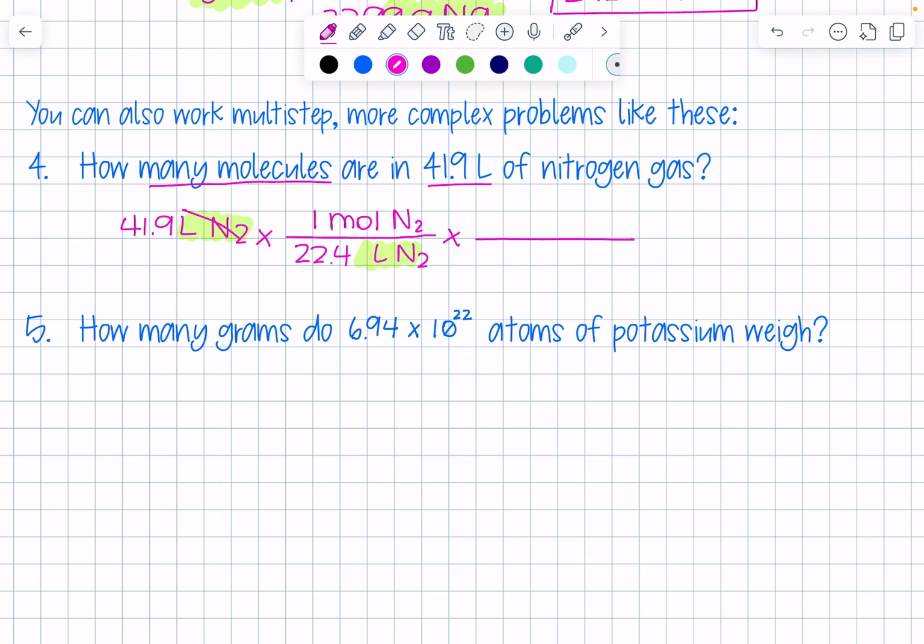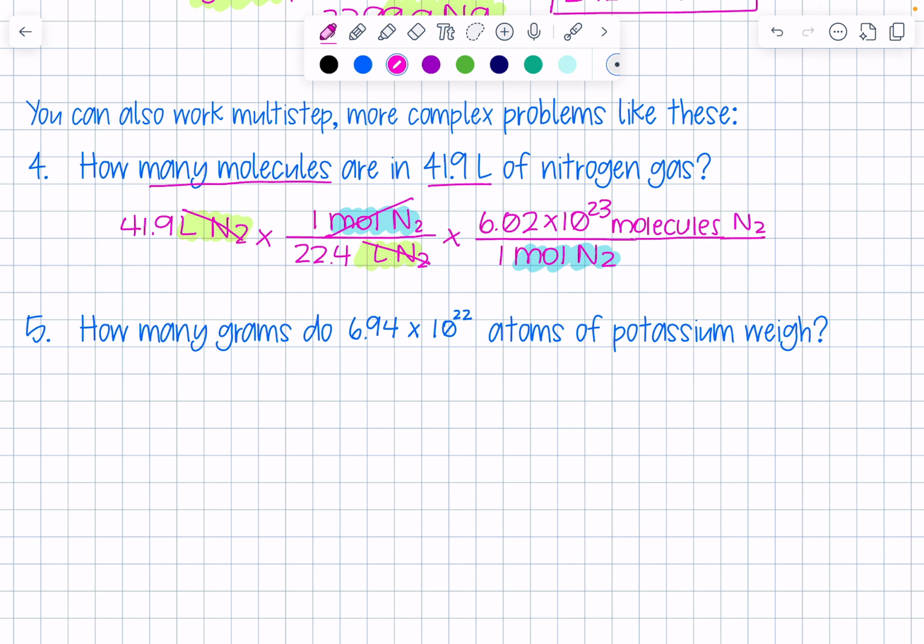All right, so my liters are canceling. Now that I'm in moles, I know that there are 6.02 times 10 to the 23rd molecules in 1 mole. So moles will go on the bottom because, like we said before, in order to cancel out, they've got to be on opposite sides of that line. And 6.02 times 10 to the 23rd molecules of nitrogen.